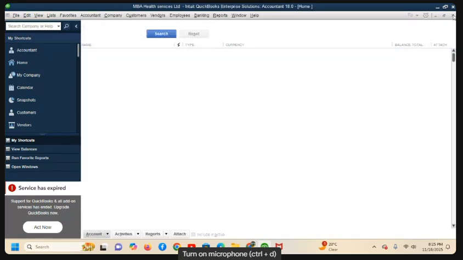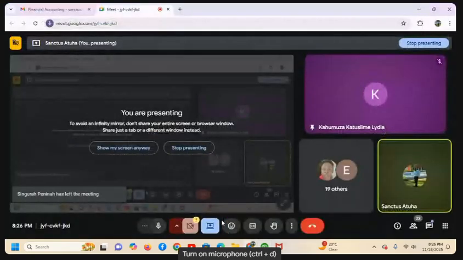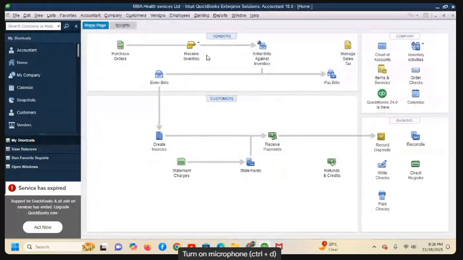Now let's look at situations where we are going to assume that we make a purchase order for some items, then we receive them, then we pay them.